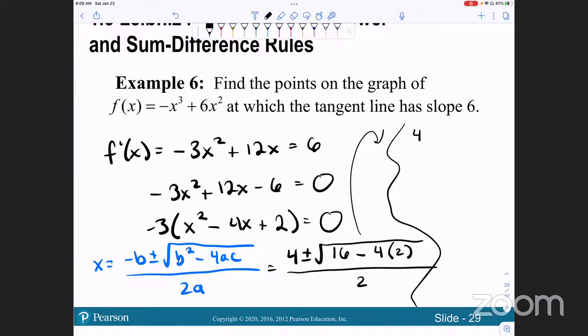So this is 4 plus or minus 2 root 2, over 2. Then that's going to be 2 plus or minus square root 2.